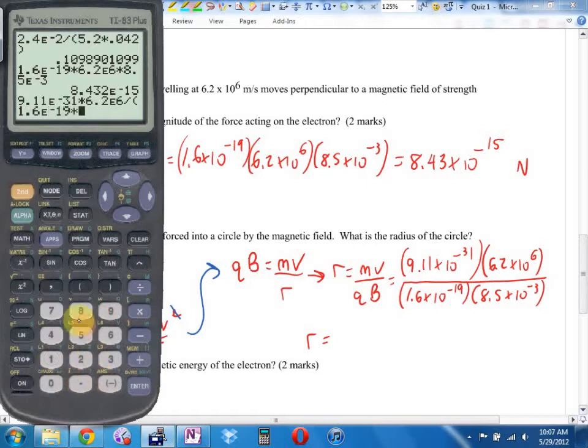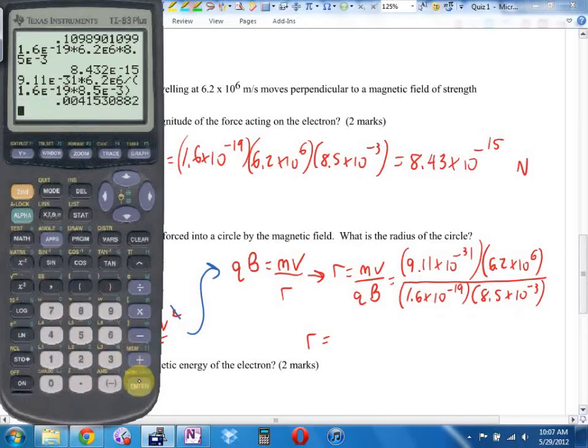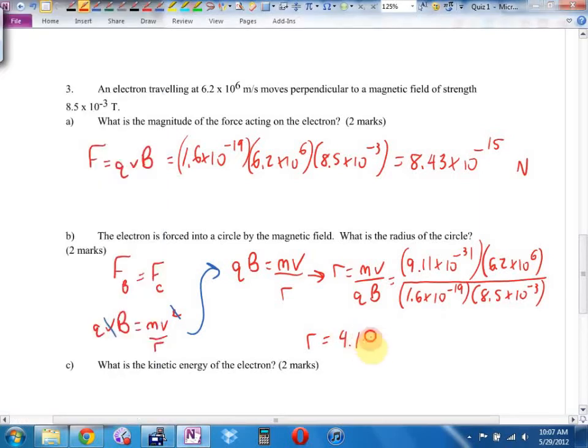What will the answer be? I can hardly wait. You get 4.15 times 10 to the negative 3. Not a very big radius. I made up lousy numbers.